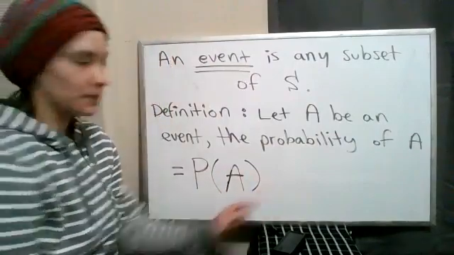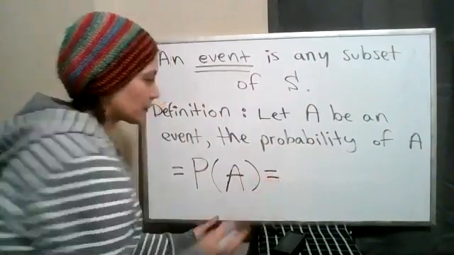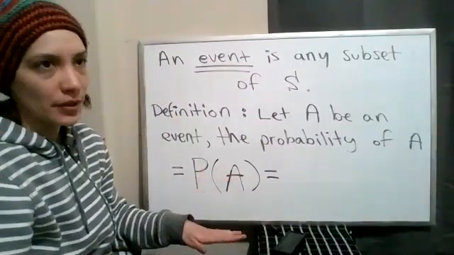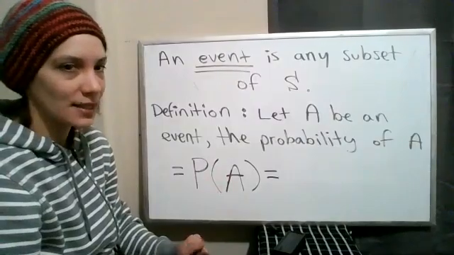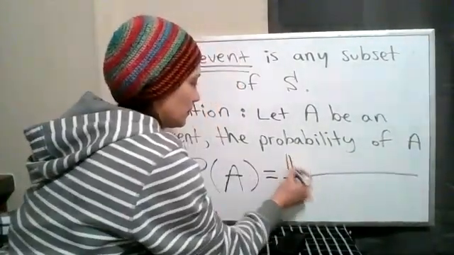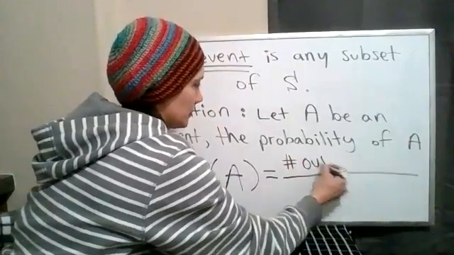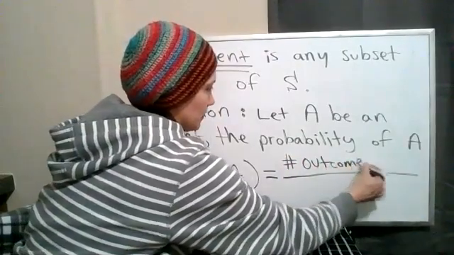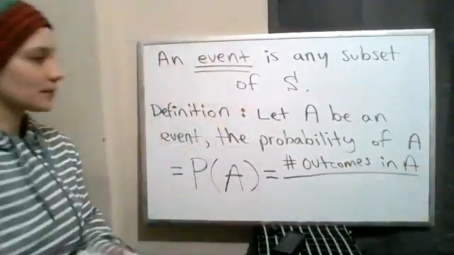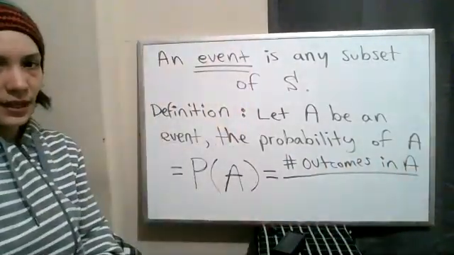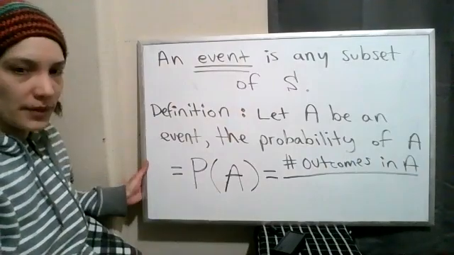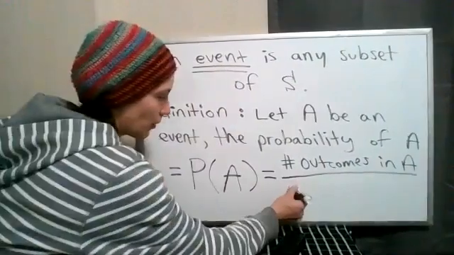That is equal to the number of outcomes in A over the total number of outcomes in S. Divided by that total number of elements in S, or outcomes in S.